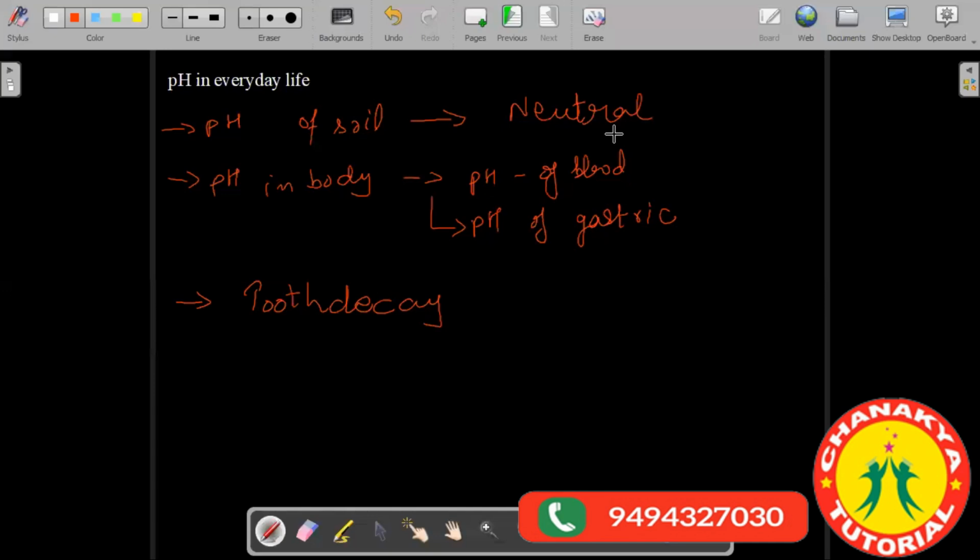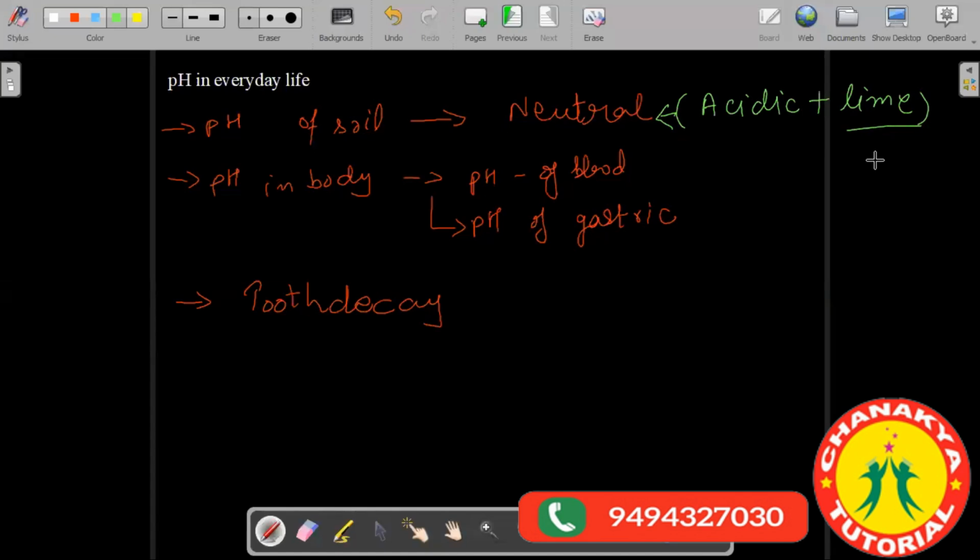If the pH of the soil changes, lime can be added to the soil. If the soil is acidic, you add lime to neutralize it. It will make it neutral again.